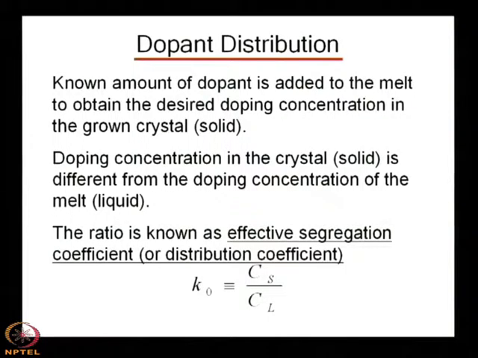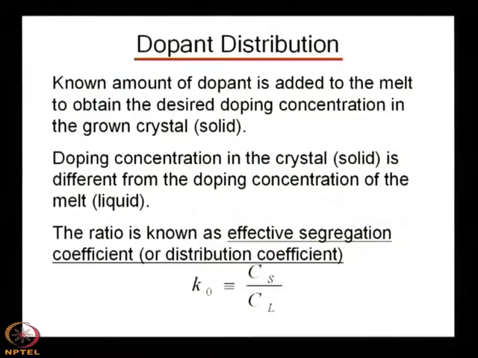So, the tail and the shoulder are both chopped off from the crystal, so as to avoid the impurity inside the material. Now, what should be the dopant distribution?